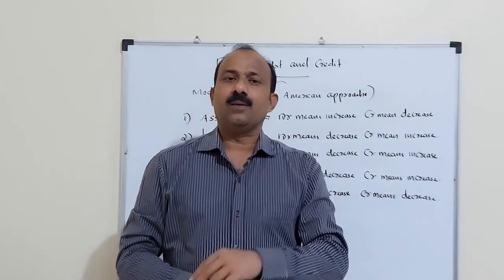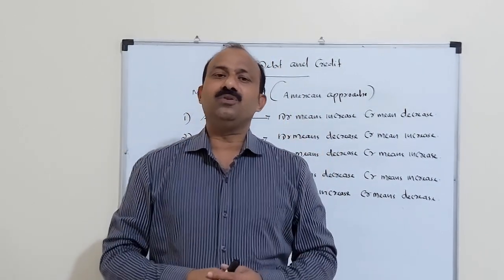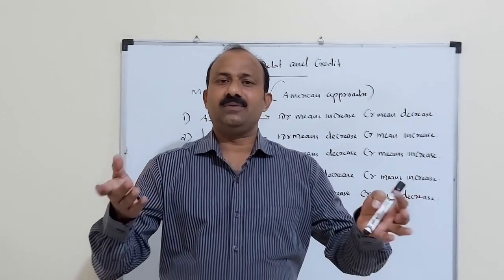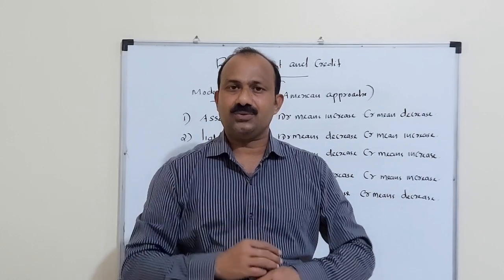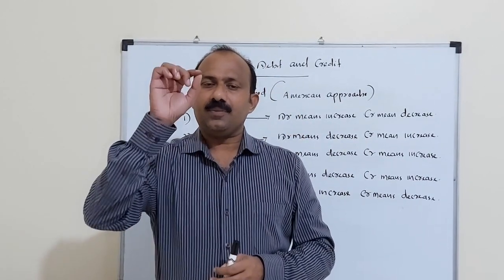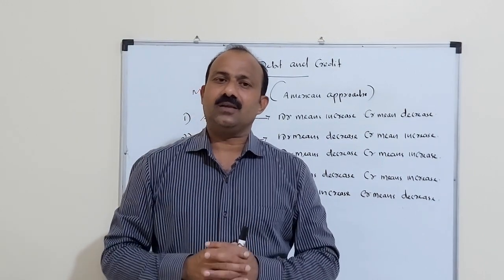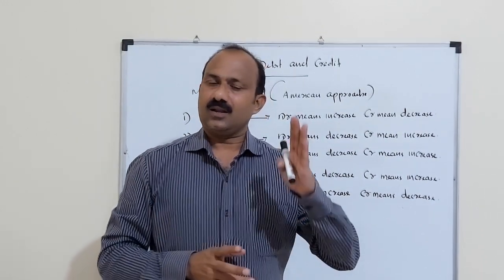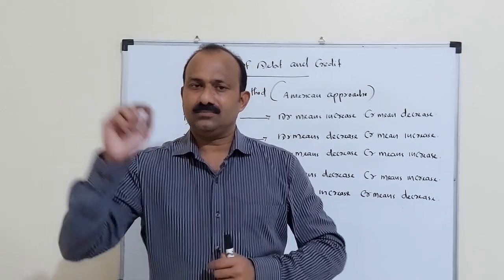Number 3, capital. The amount contributed by the owner to start a business is known as capital. It is otherwise known as owner's equity. Under this account, capital, debit means capital is decreasing. Credit means capital is increasing. Number 4, revenue, otherwise called income.